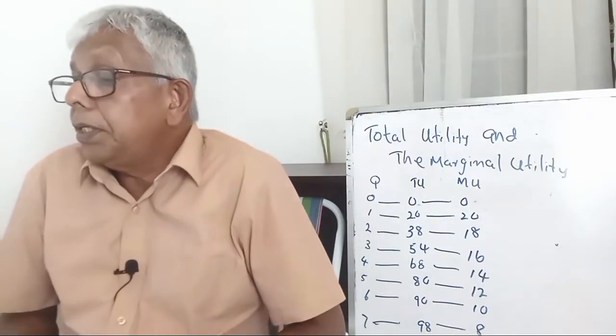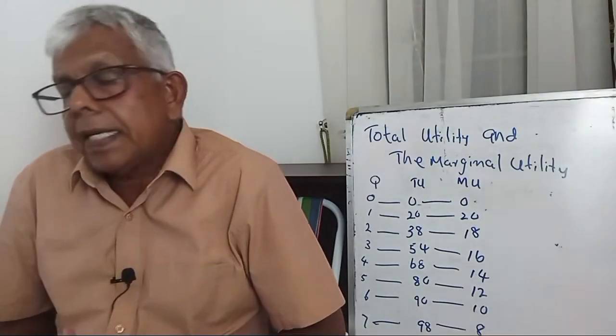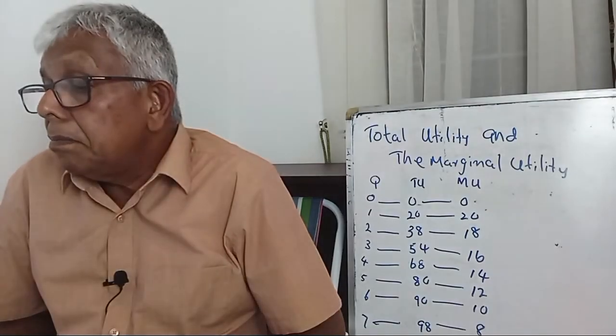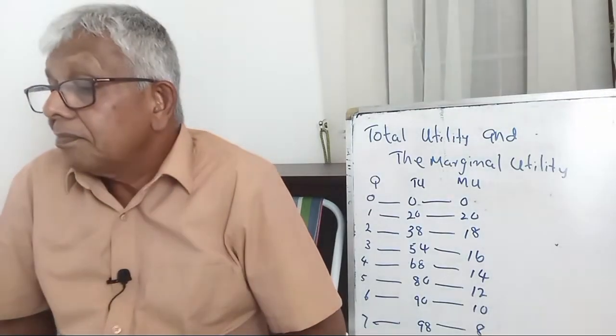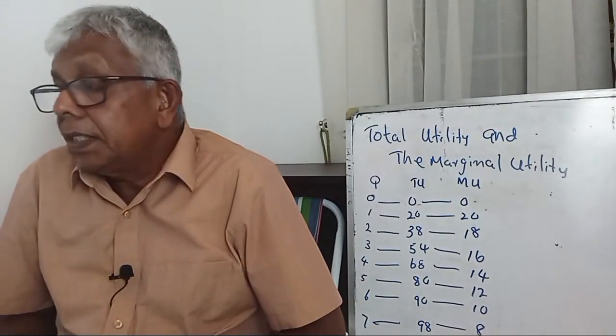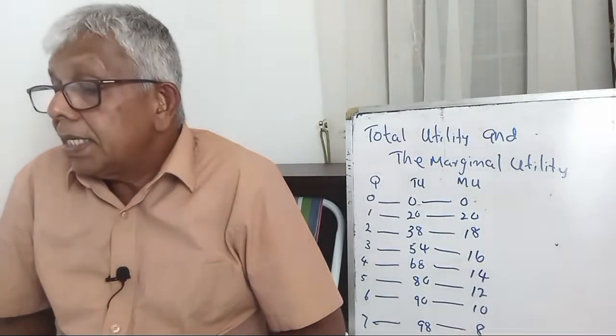At that point, your total utility is at maximum. After this maximum point, total utility starts decreasing.